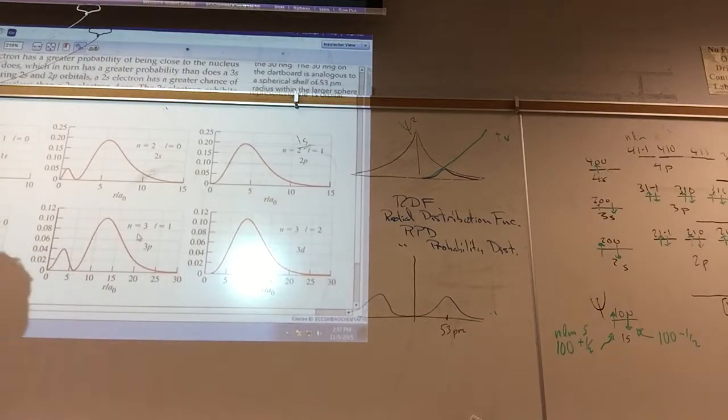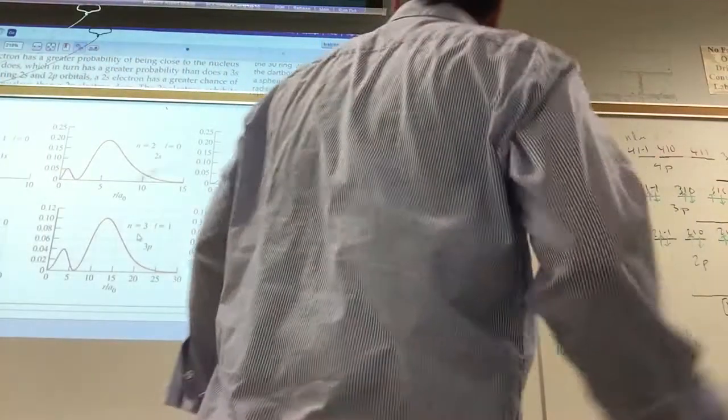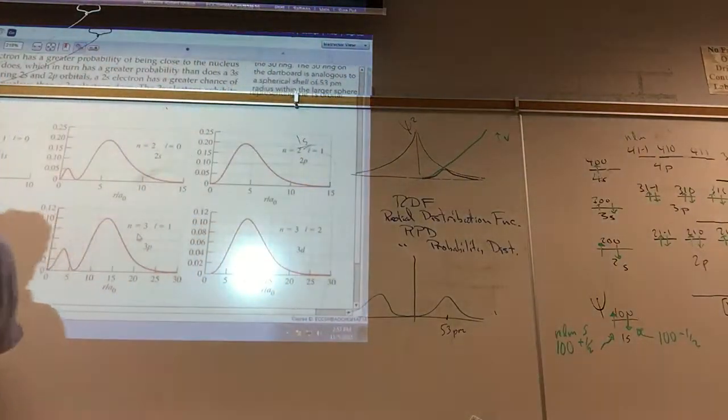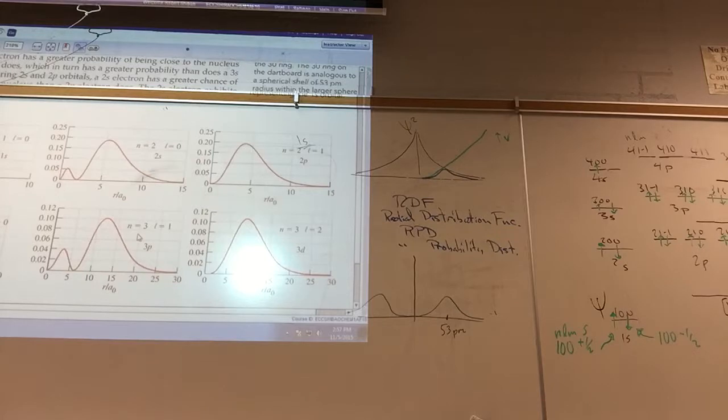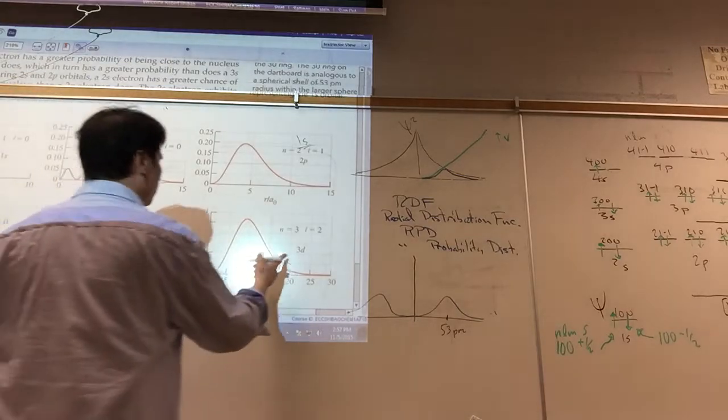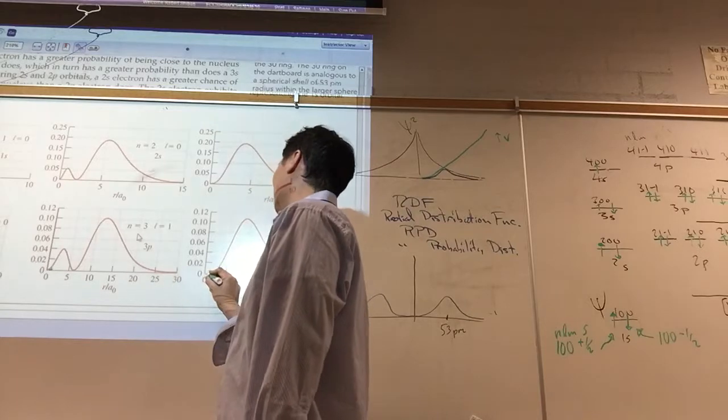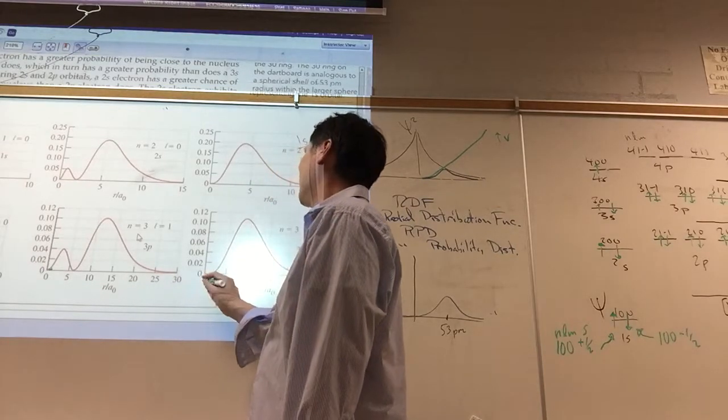When we compare the orbitals, s orbitals are more penetrating than the others. For example, a 3s has this much probability that it's going to be this close to the nucleus. If we compare that to a 3p, it has this much probability, and a 3D has that much probability, pretty much baseline, nothing.